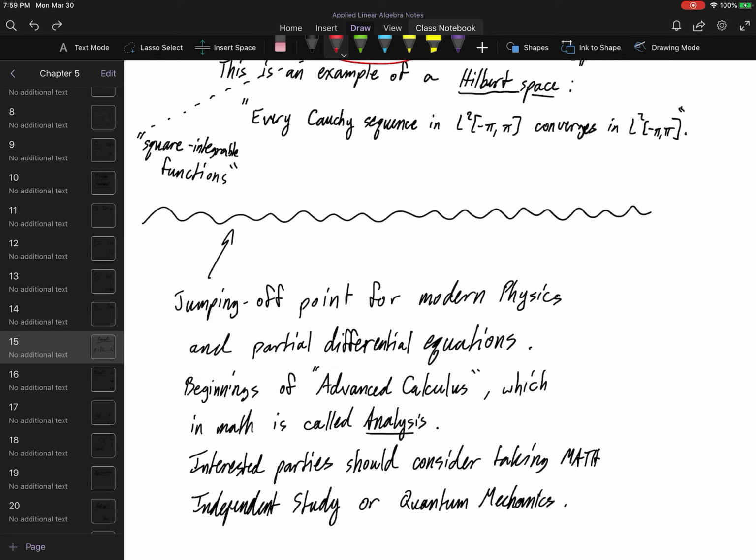Or you can take an independent study to blend these and maybe go a little further than what you do in undergrad analysis. You'll also see these methods show up in quantum mechanics. Hilbert spaces are the bread and butter of quantum mechanics. Your observables are linear operators on Hilbert spaces.